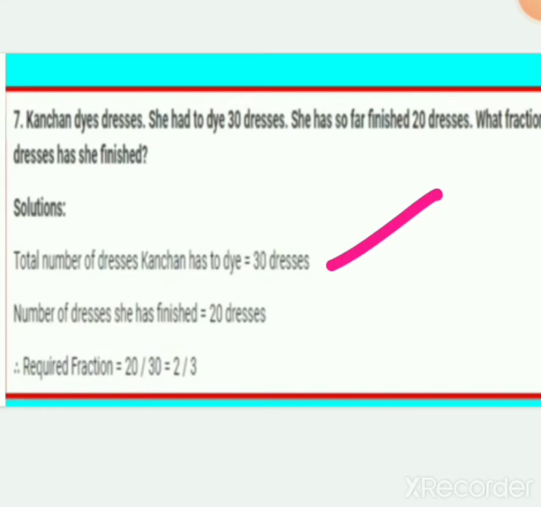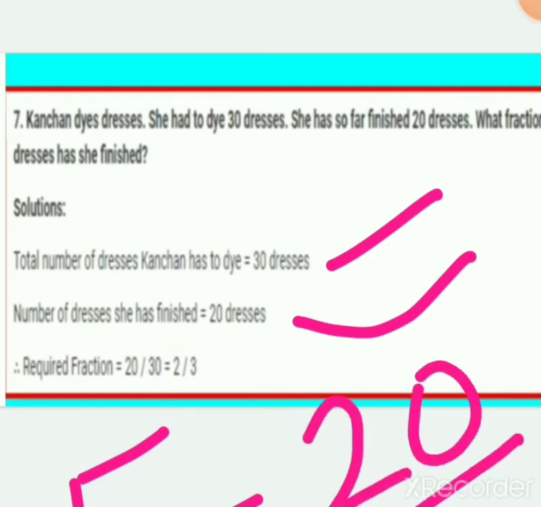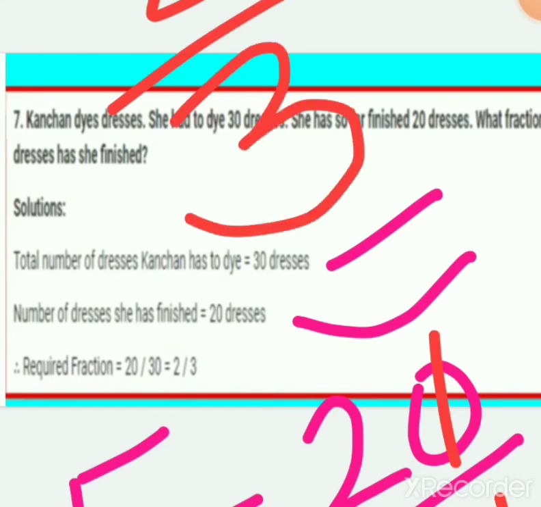Number of dresses she has finished is 20. And the fraction required is the dresses she has finished, 20, over the total she has, 30. Now 0 will cancel from 0 and it will become 2/3 of the total.